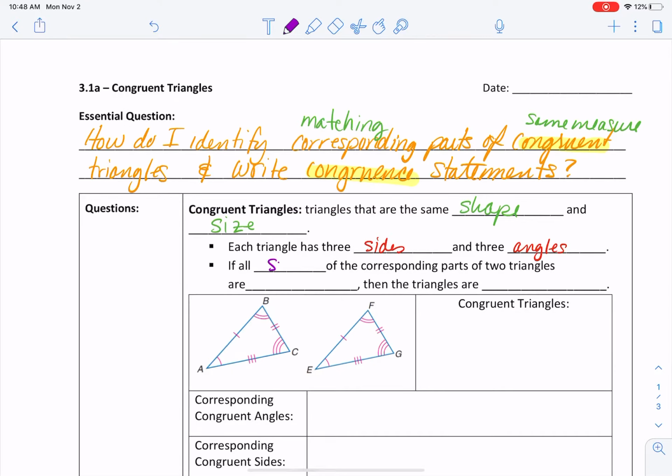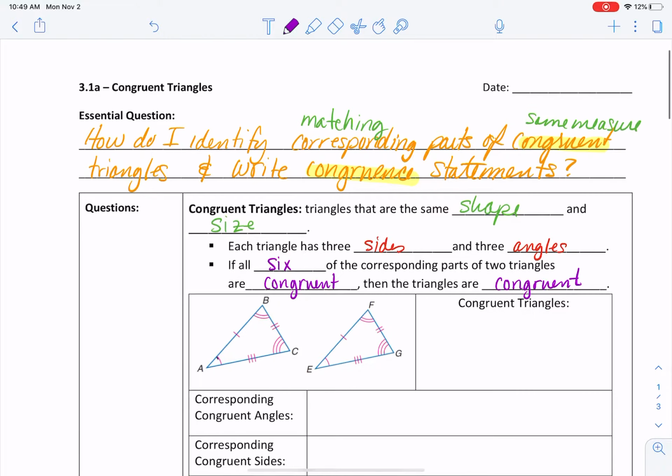If all 6 of those parts, the corresponding parts of 2 triangles, are congruent, then the triangles are congruent. So when we look at the picture below, all those symbols indicate parts that are congruent.